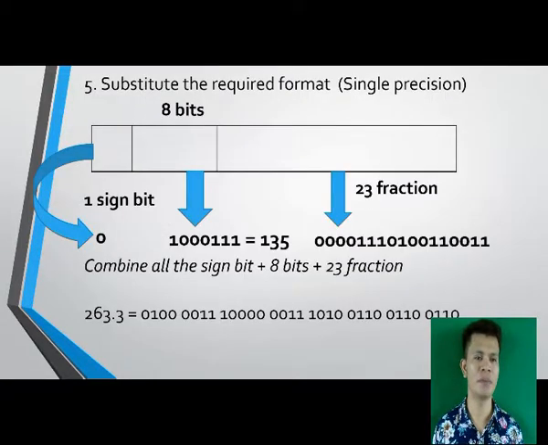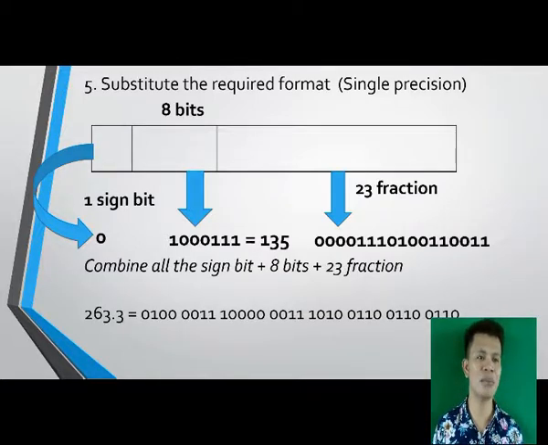And number 5, substitute into the required format of single precision, which is 1 sign bit equal to 0, 8 bits equal to 10000111, that is the equivalent of the decimal number 135 in binary. The fraction, or mantissa, is 00001110100110011.